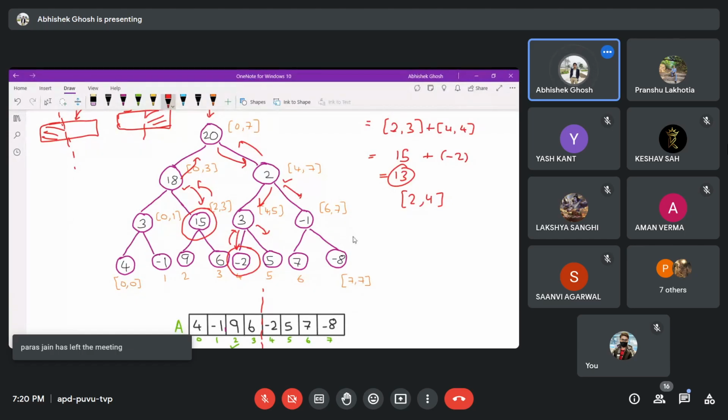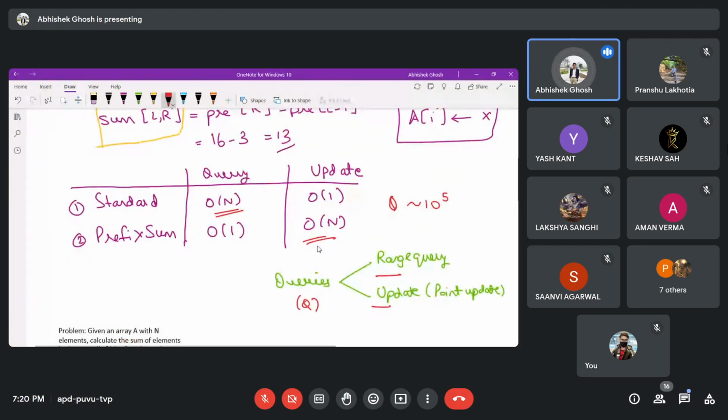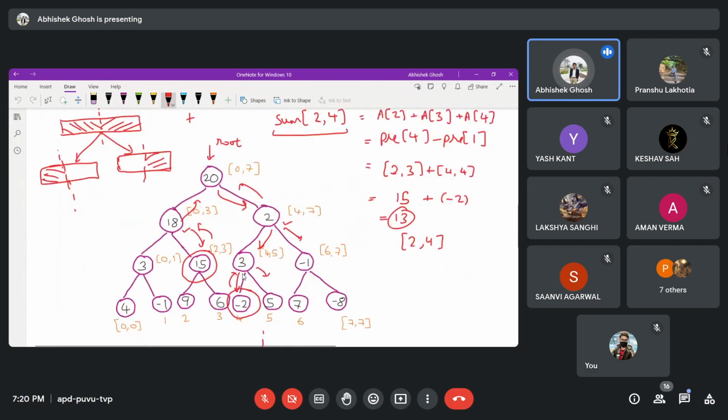I'll pause and explain. Okay, so answer for 2 to 4. But again, how is this solving our initial problem, right? Our problem was that if there are any updates, we were not able to solve this update problem using prefix sum. Why do we need segment tree? Here is your answer now. If there are any updates, we can perform the update in log n time as well. How log n time? Just forget that.